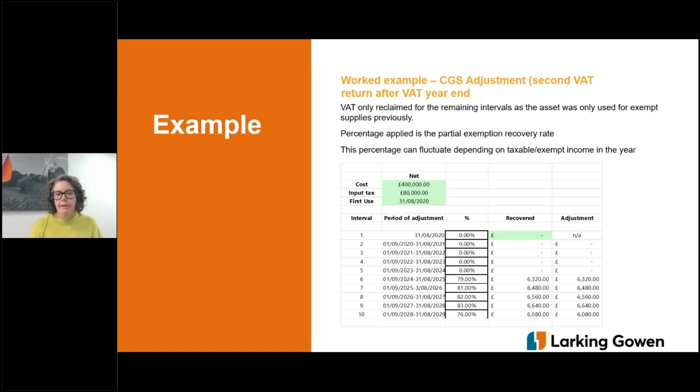So in the year ended 31st of August 2025, our VAT year ended August 2025, we've worked out that the residual recovery rate for this school is 79%.